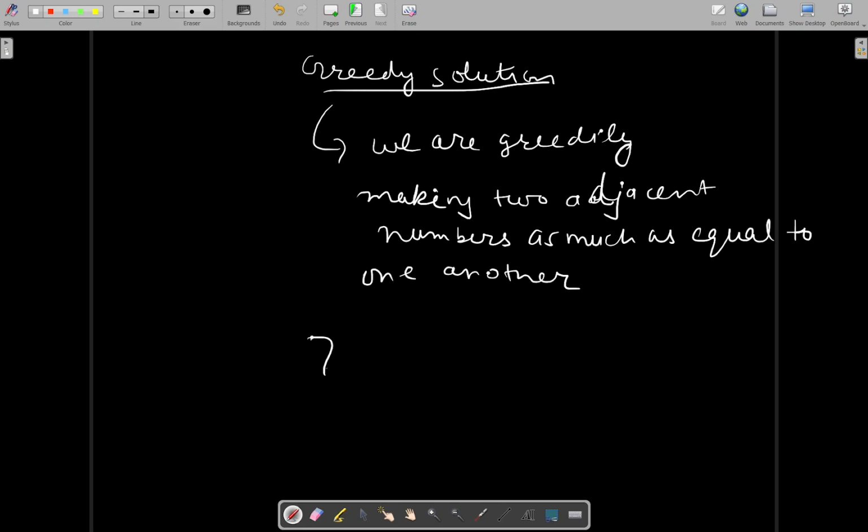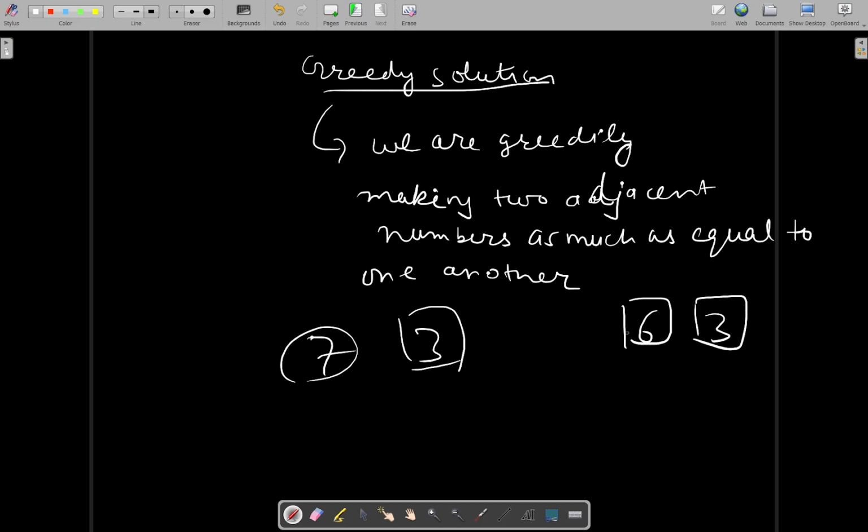For example, 7 and 3, these two: all the numbers we will be forming after performing the operations will not be equal, since 7 is not divisible by 3. But if it had been the case that 6 was there instead of 7, then the numbers would have been 3, 3, 3, and all of them would have been equal.